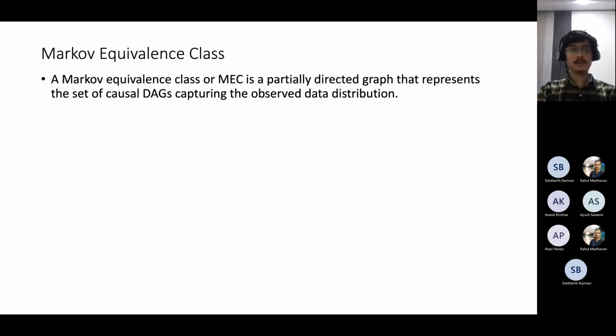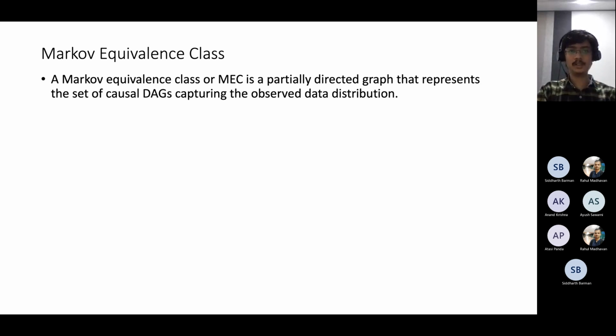Okay, so as discussed earlier, using observational data, we can know the graph up to its MEC, or Markov equivalence class. So what is a Markov equivalence class? A MEC is a partially directed graph, that is, it has some undirected edges and some directed edges, that represents the set of causal DAGs capturing the observed data distribution.